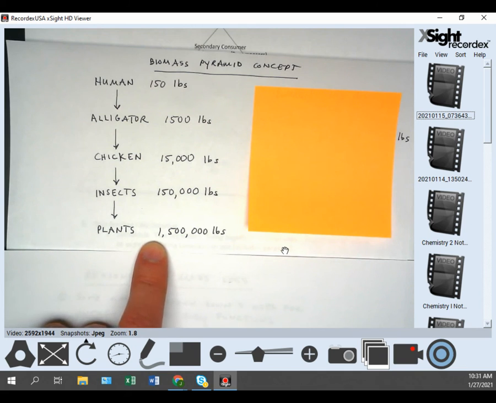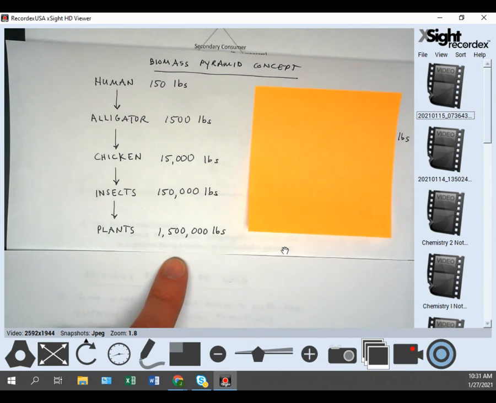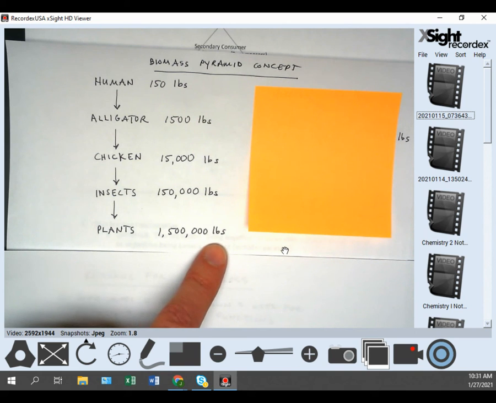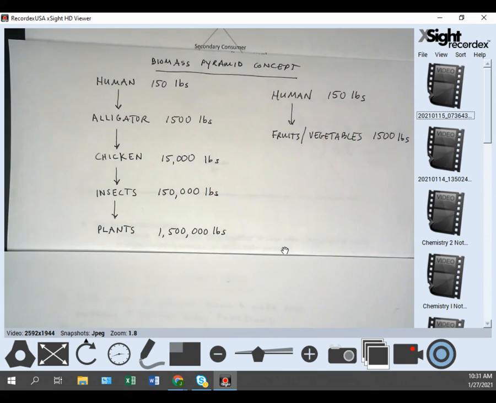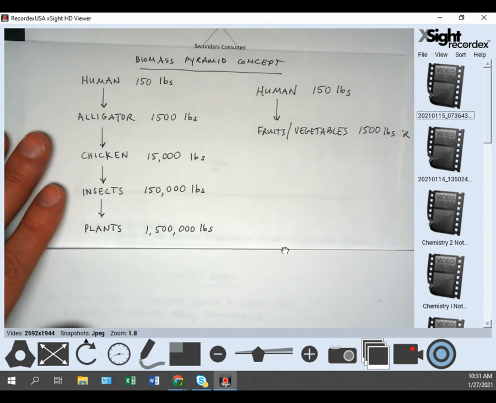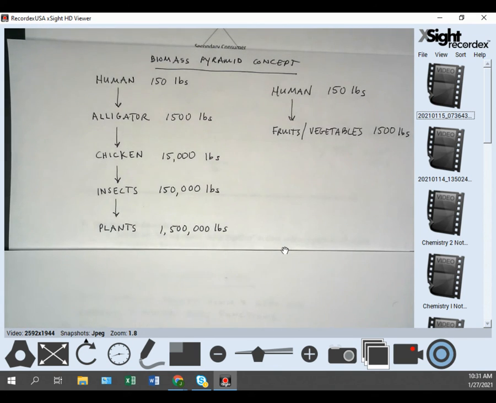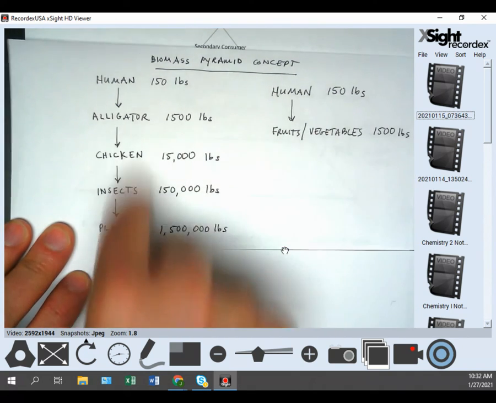Well, what if, and again, don't mistake me, you guys and people listening on, I am not saying that you should go vegetarian, but what if somebody was vegetarian? What if humans only ate from the producer category? Well, again, very simplistic here, but a 150-pound human could be created or sustained by 1,500 pounds of fruit and vegetables. That's a lot less resources needed to sustain, right?